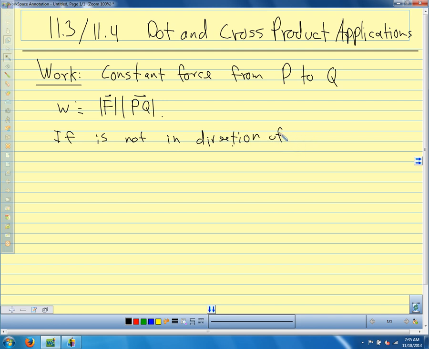then we will draw a nice picture so you can see what we're talking about. So we have a situation that looks something like this. So here's F, and here's the direction of motion. So this is our force vector here, and this is point P, and this is point Q at the end of the vector. And the angle between these is theta.